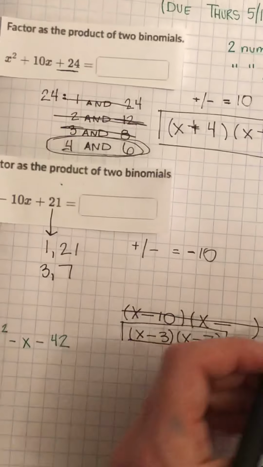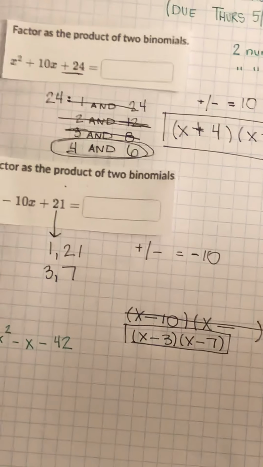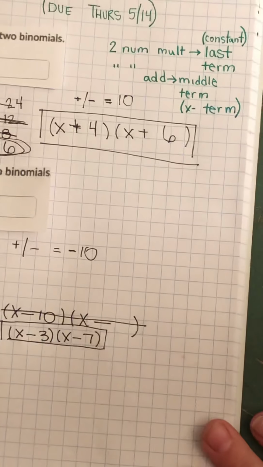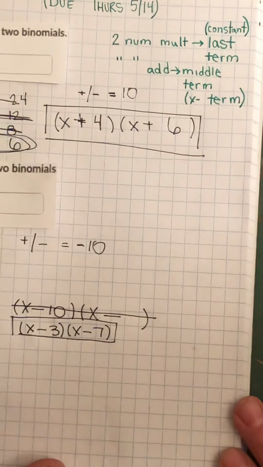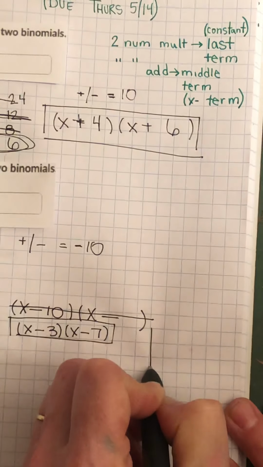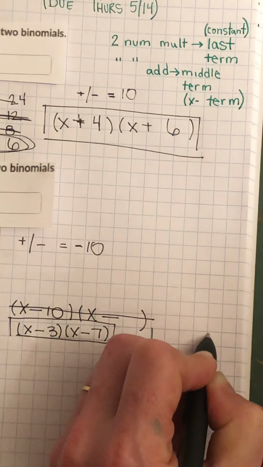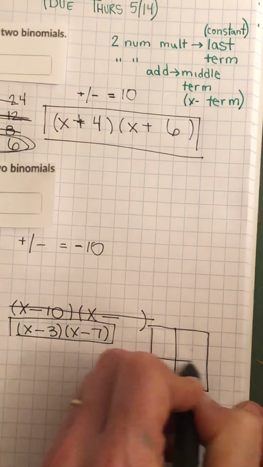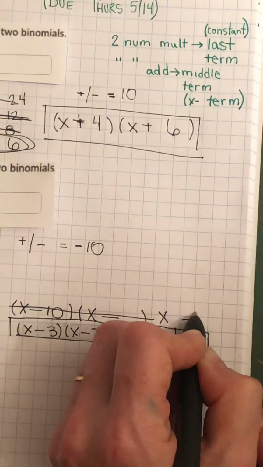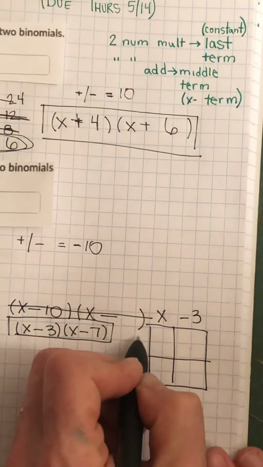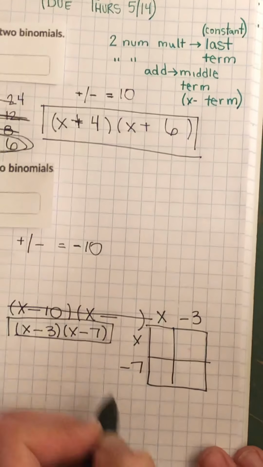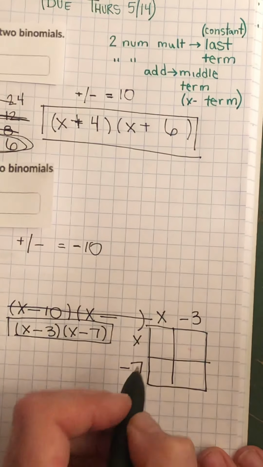And then I can check using a generic rectangle. So let's say I have this. It'd be x and negative 3, and x and negative 7. So this is going back to last week, and I'm double checking.